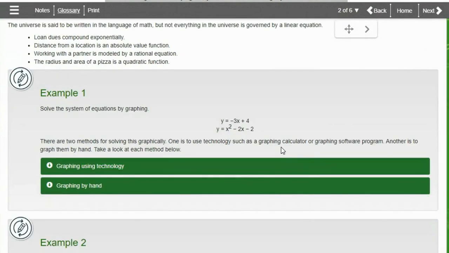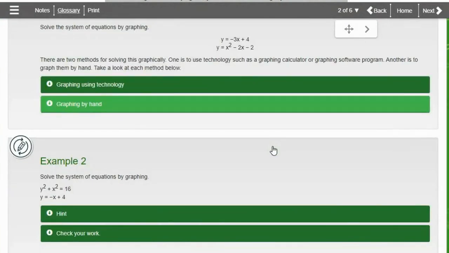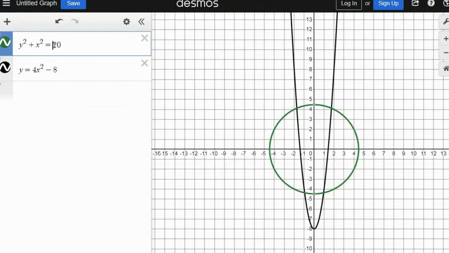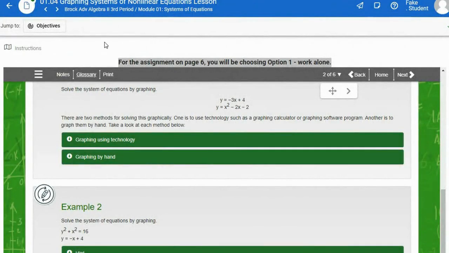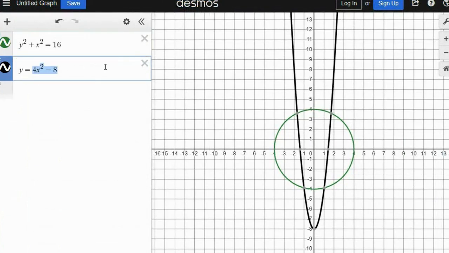Okay, I'm not going to spend a whole lot of time graphing these because we've been doing that all along and we know what it looked like. Let's pick a couple. Let's do example 2 here. Y squared plus x squared equals 16. Okay, 16. I just changed the size of the circle. And y equals negative x plus 4.